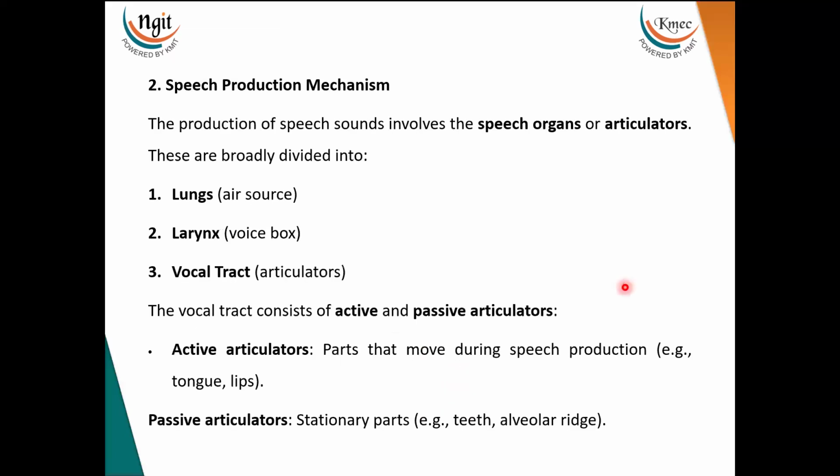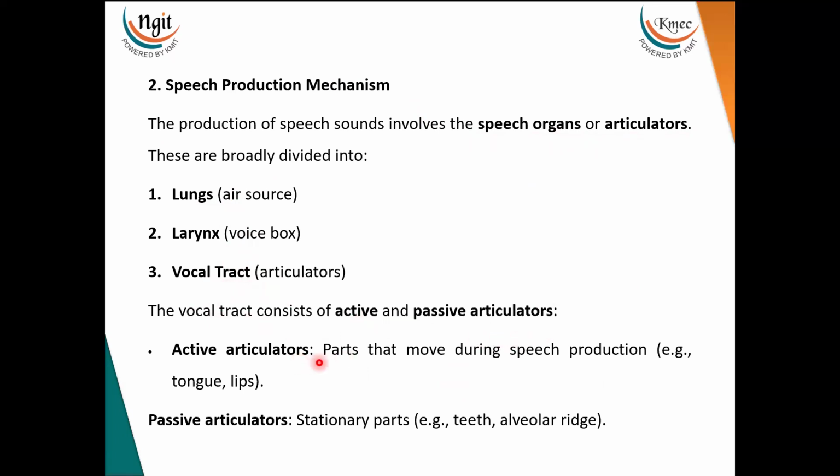So next is the speech production mechanism. The production of speech sounds involves the speech organs or articulators, as we mentioned earlier. These are broadly divided into air source, that is the lungs, voice box, that is the larynx, and articulators, that is the vocal tract. The vocal tract consists of active and passive articulators.